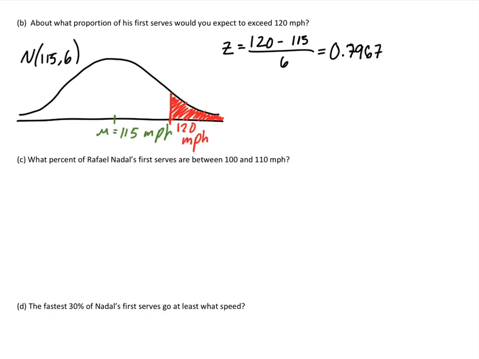So if you go to the chart and you look up 0.7967 for the z-score, or 0.80, whichever one it is, that will only give you the stuff to the left. So in purple here, that will only give you this. Because the table only reads values to the left.